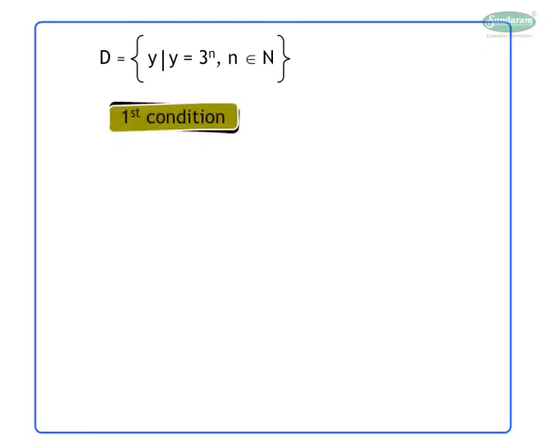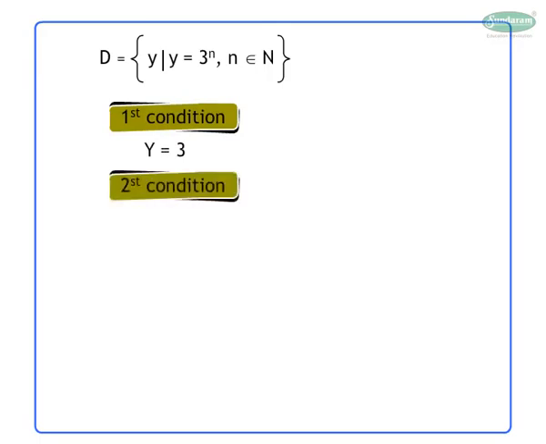Let us take an example of set D, which has element y, such that y is 3 raised to the power of n, where n is a natural number. On examining, we notice the first condition to be satisfied is y is equal to the nth power of 3.